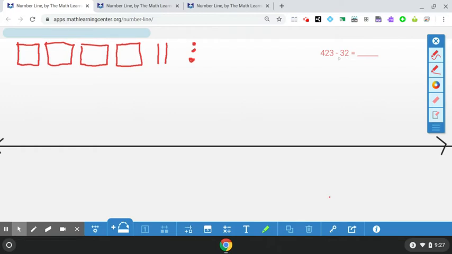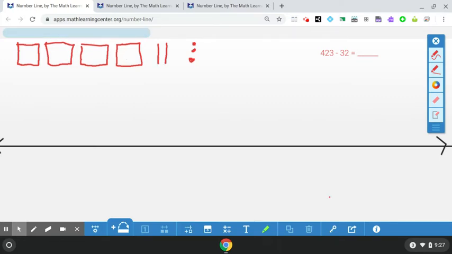When we have to take away 32, I'm noticing I need 3 tens. And in 423, I don't have enough tens. What do I need to do? You're right. In order to get more tens, I need to break open one of the hundreds.